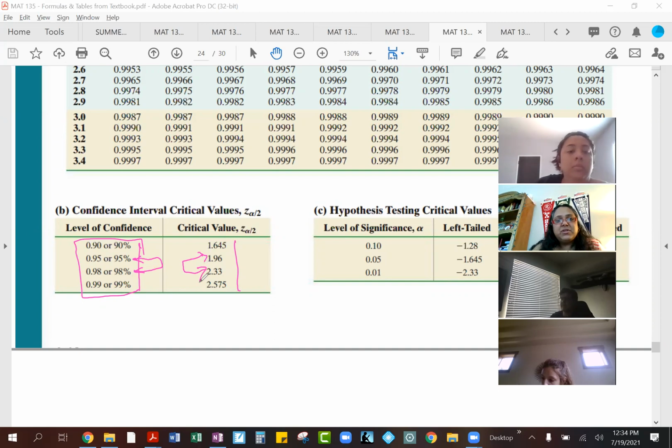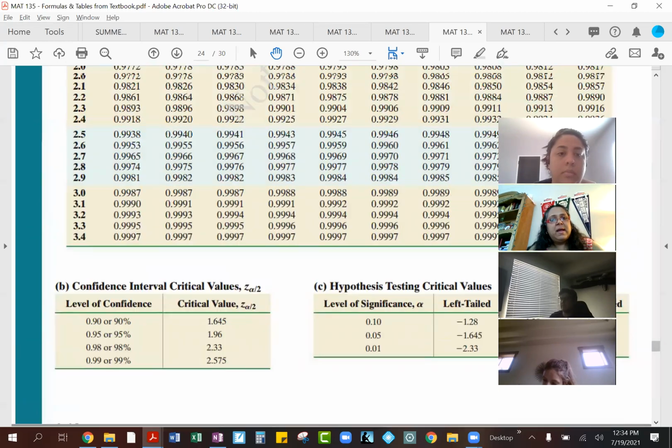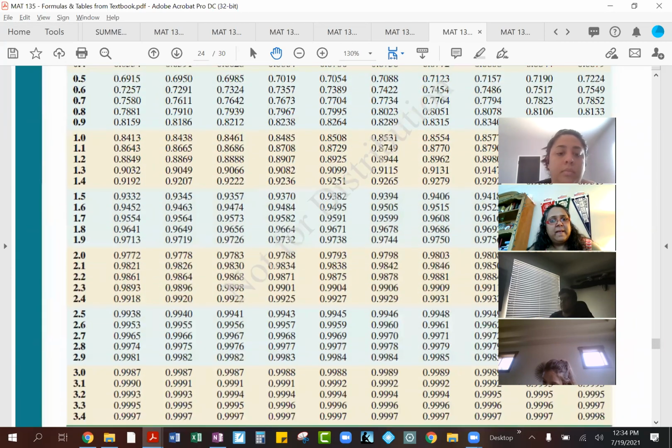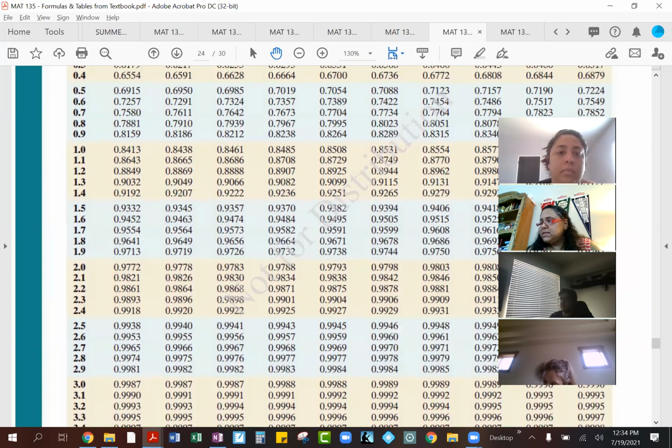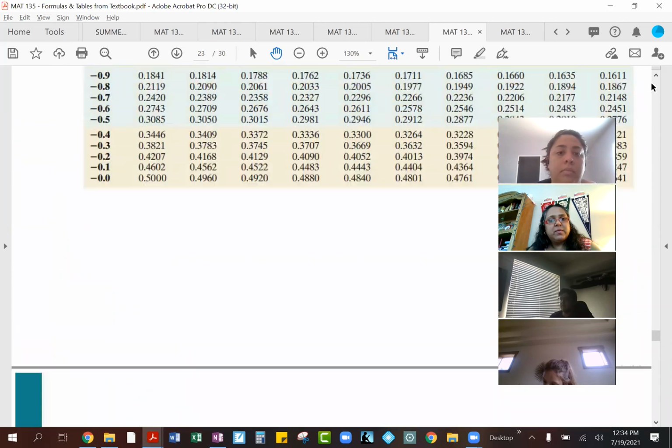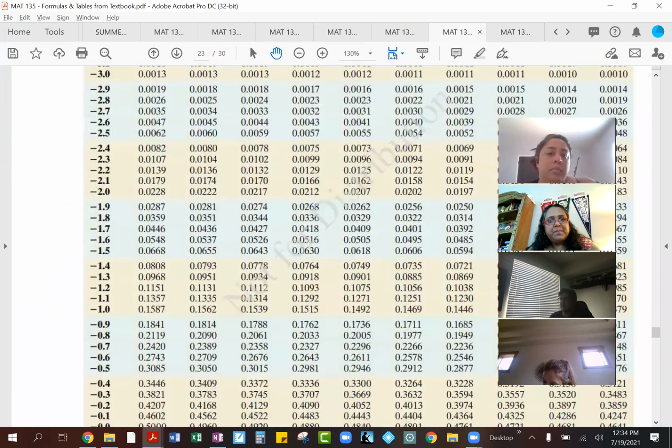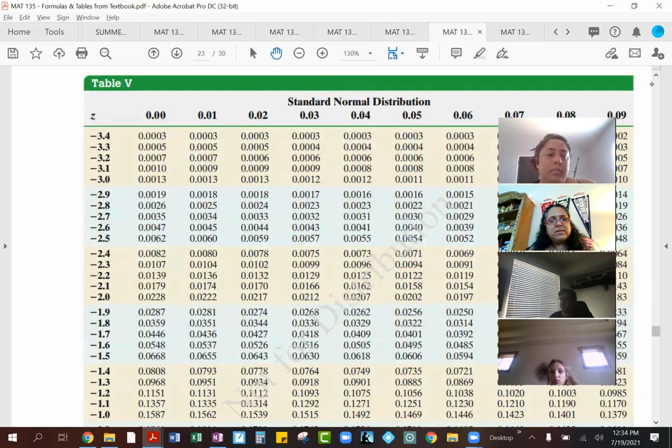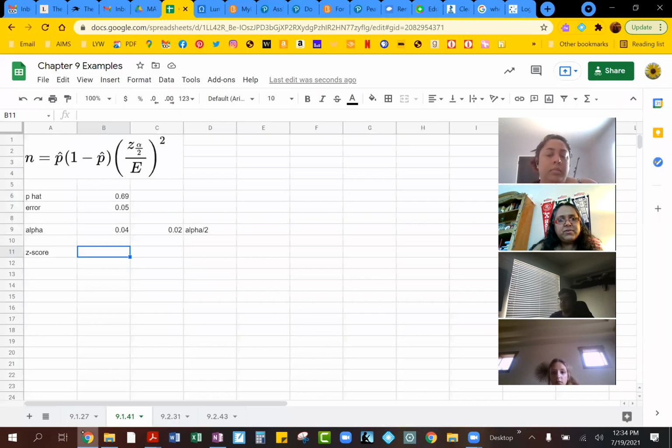So what you need to do is go back to our table over here and look for 0.02 in our table. And remember the 0.02 is coming from this number over here, the alpha divided by 2.